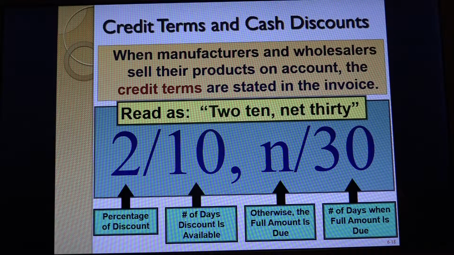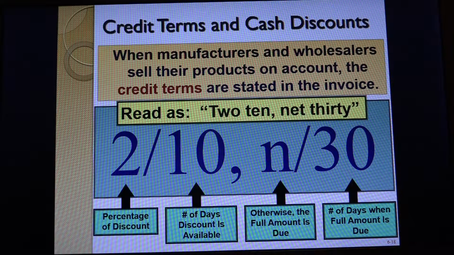Well, it means there's a percentage discount of 2% that's available for the first 10 days after the sale. Otherwise, the total amount is due in 30 days after the sale.